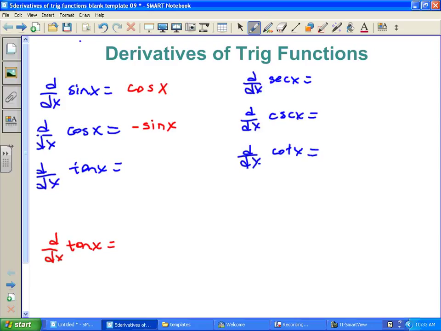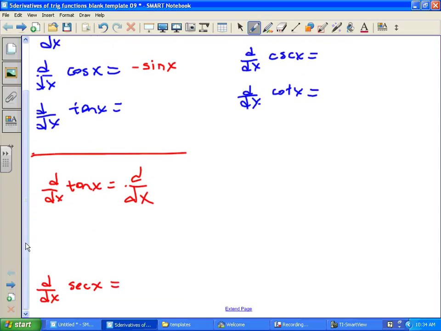For instance, tangent x. If I want the derivative of tangent x, let's first write tangent in terms of sines and cosines. What is tangent? Exactly. So to find the derivative of the tangent function, first rewrite it as sine x over cosine x.